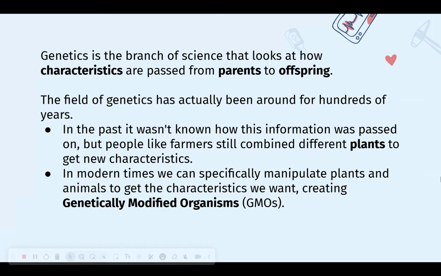Now, that doesn't mean that people hundreds of years ago understood the exact science of what was going on, but definitely farmers were looking at plants that they were growing. And maybe a particular type of apple tree grew faster and gave fruit that could withstand an early frost better than other apples in the orchard.